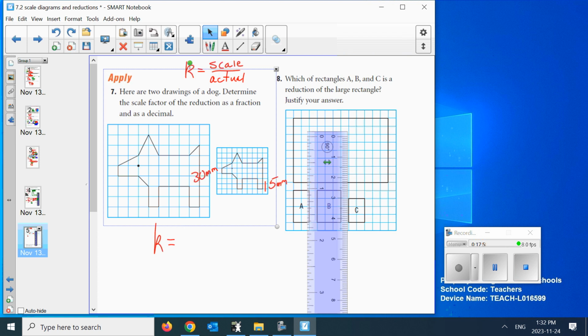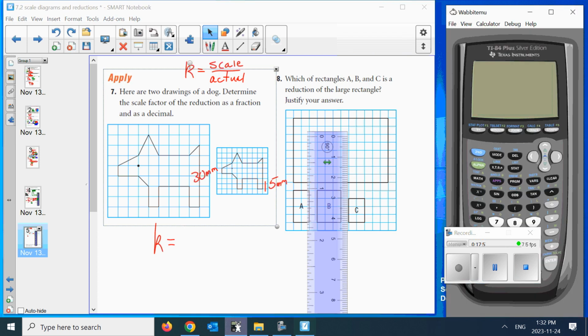So the 15 millimeters, which one do I put on the bottom of the fraction? The 30 or the 15? Nope, I want to put the 30, the actual, the first one. So you assume the one on the left is the first one.